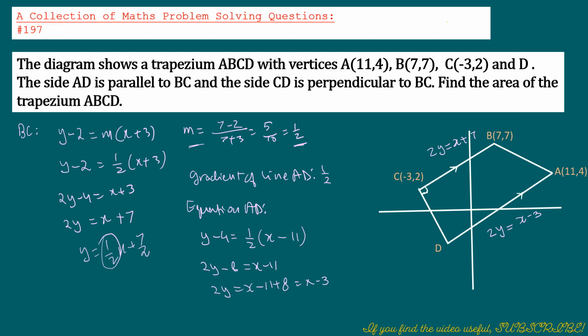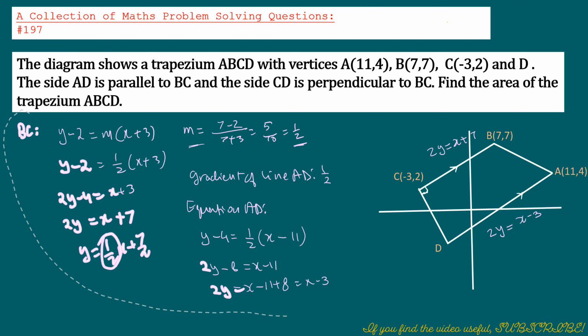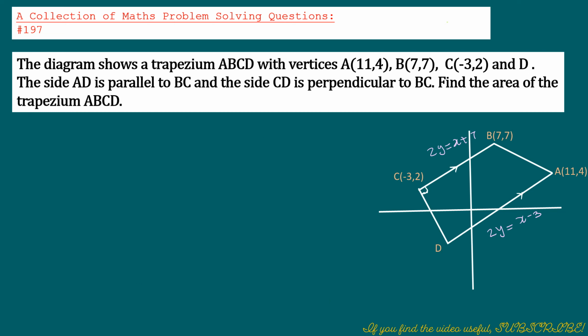Now we have to find the equation of CD. CD is perpendicular to BC. We know the slope of BC is half, so the slope of CD would be minus 2, because 2 times half equals minus 1. The product of the slopes is minus 1.